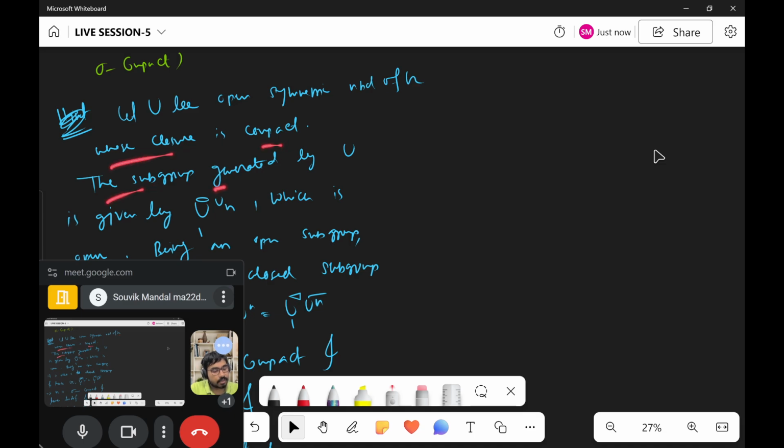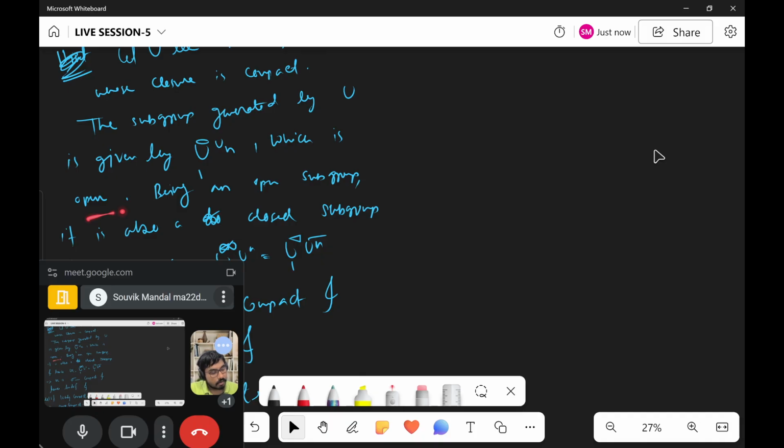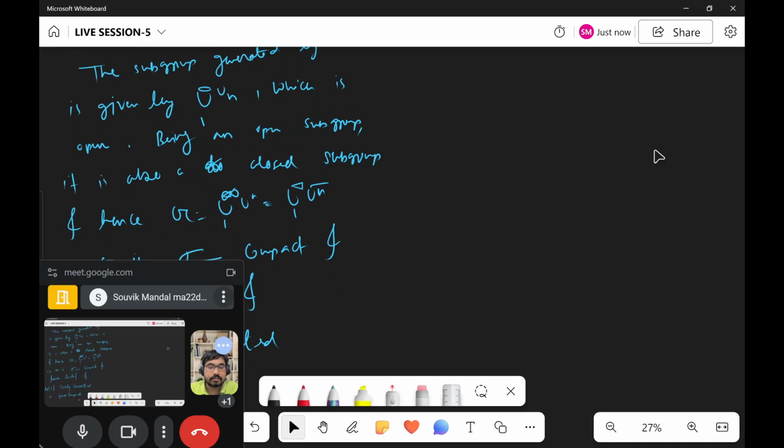The subgroup generated by U is given by the union of U^n, which is open. Being an open subgroup, it is also a closed subgroup. And hence G is equal to the union of U^n. This implies G is sigma compact and hence Lindelof. So this tells a Lindelof locally connected space is paracompact. So this is the argument.